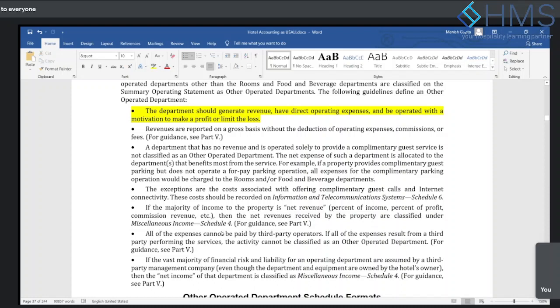In that case, the revenue generated will go to miscellaneous income, and all the expenses will also go to miscellaneous income. So that's the definition of other operating department. You have to be clear and select which operating departments should have their own P&L based on these criteria.